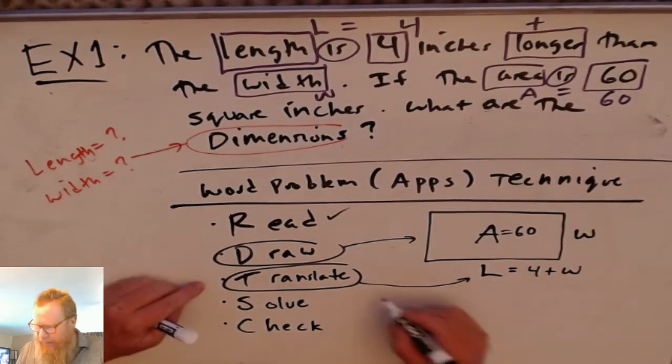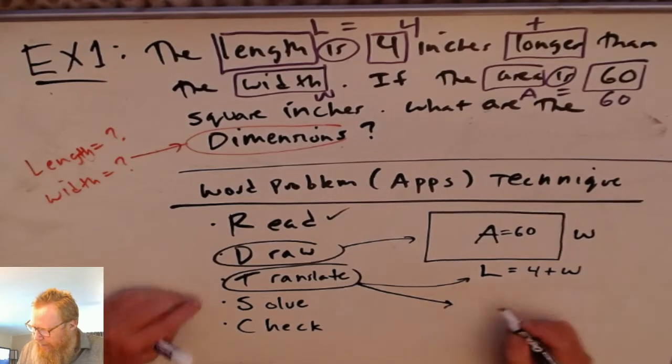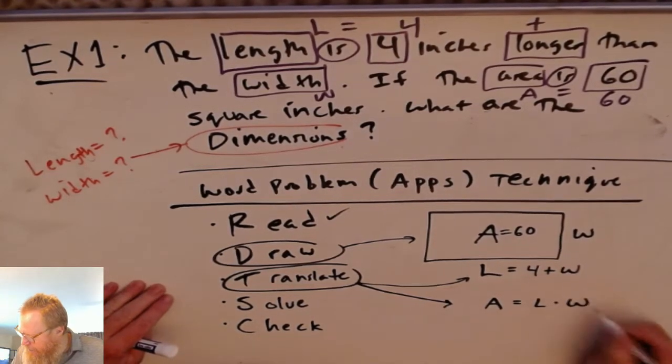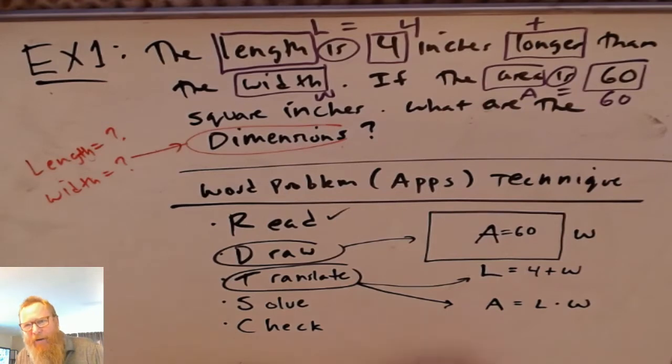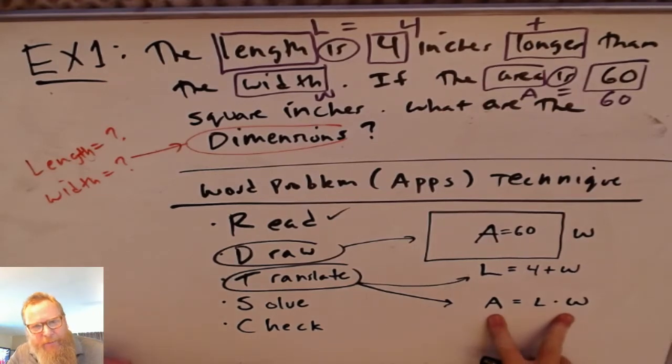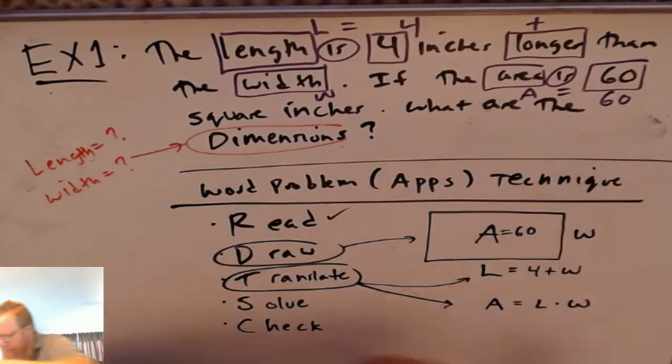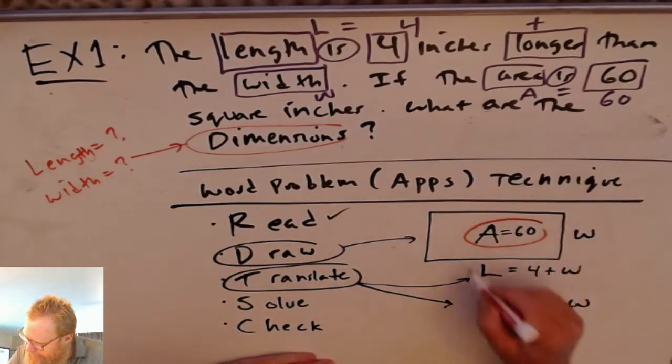Now, I got to do a little bit more translating. I've got A is L times W. Area is length times width. And now I want to plug everybody in. A is going to be 60.